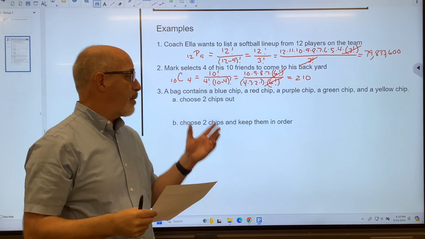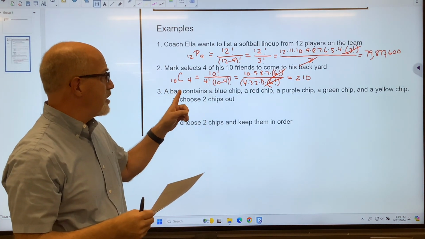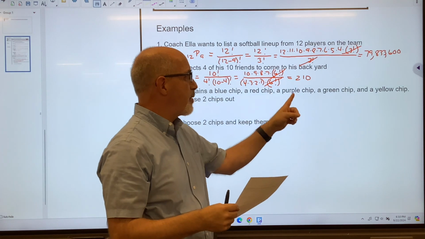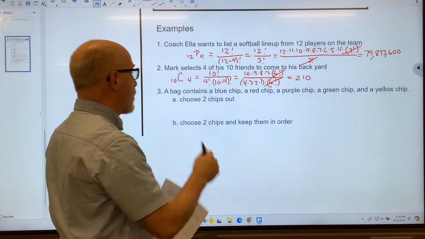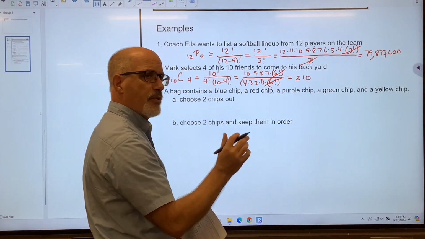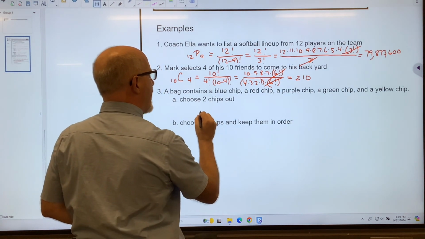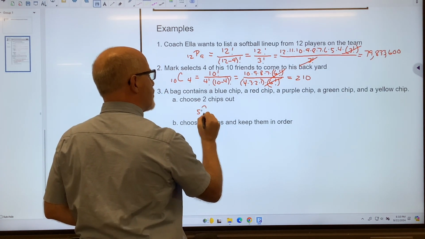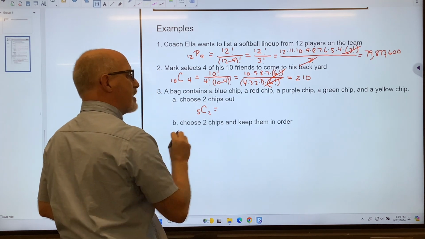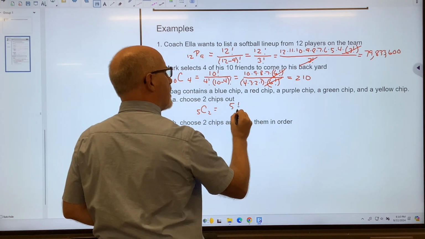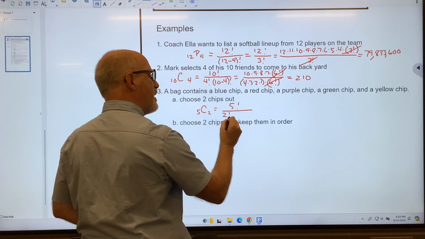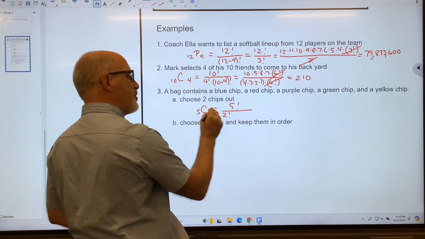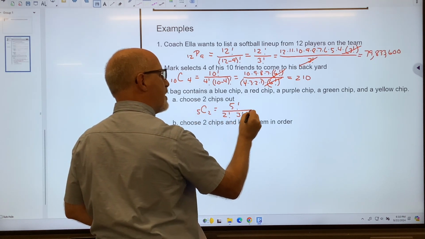Okay, now we've got a problem where we have a bag of chips that is a blue chip, a red chip, a purple chip, a green chip, and a yellow chip. That's 5 chips. We're going to choose 2 out. Now it doesn't say put them in any order, so we're going to have 5 chips, and we're going to choose 2. So that's going to be 5 factorial over, down here, our 2 factorial, and then 5 minus 2 will give me a 3 factorial.